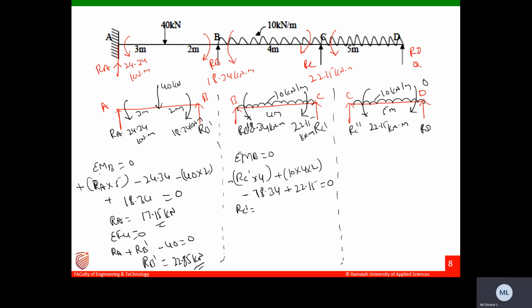Then RC dash you will get 20.9 kilonewtons.